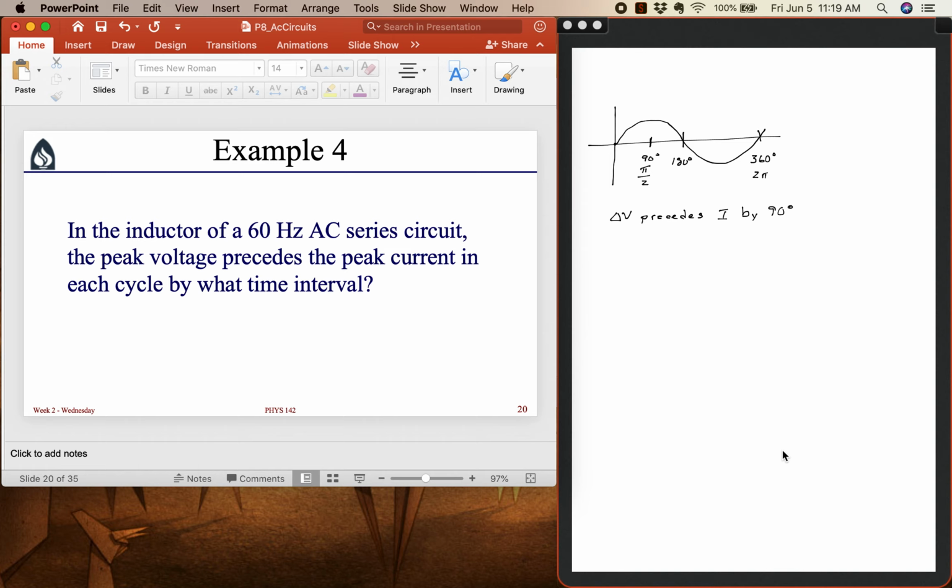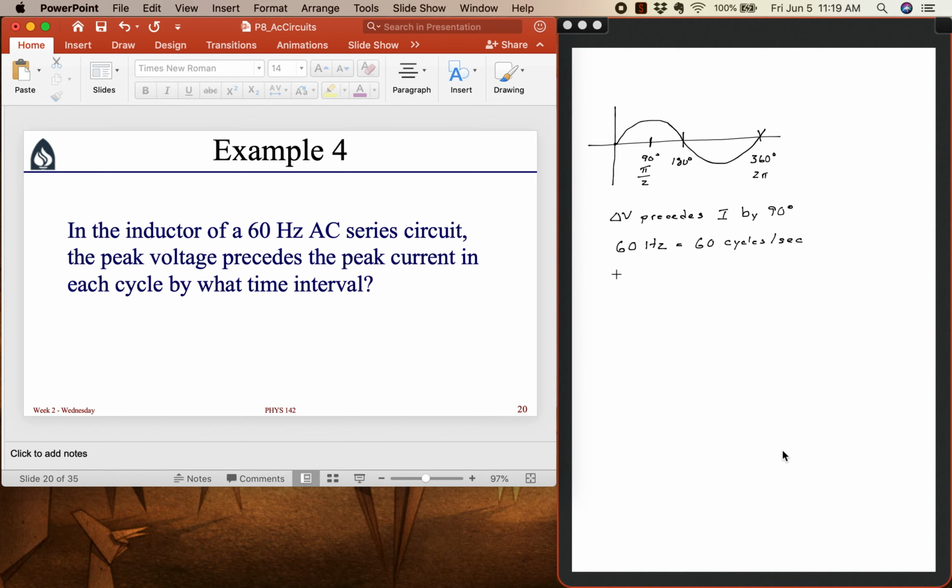And we want to change that angle into a time interval. The clue that we're given is that the frequency of the power supply is 60 hertz. And we know that 60 hertz is equivalent to 60 cycles per second.